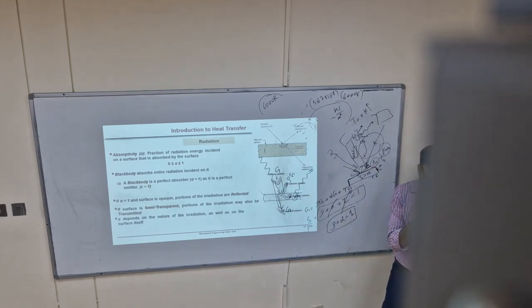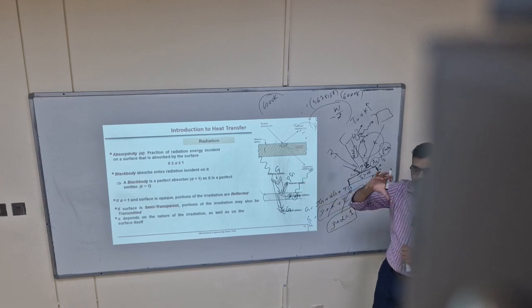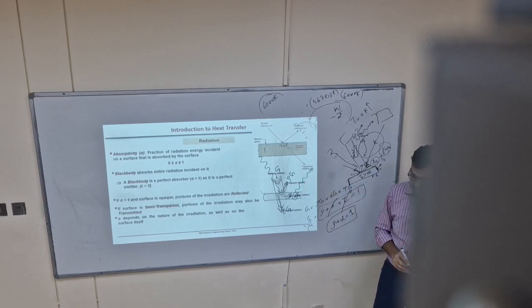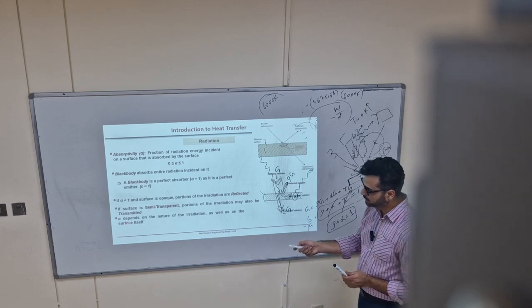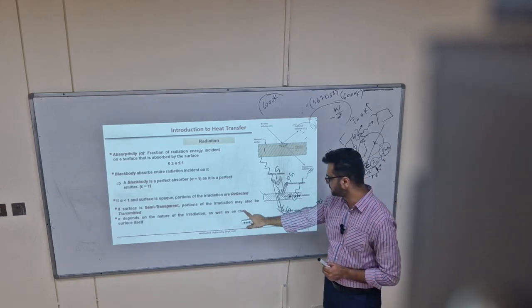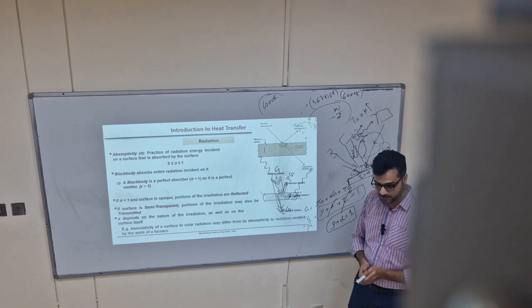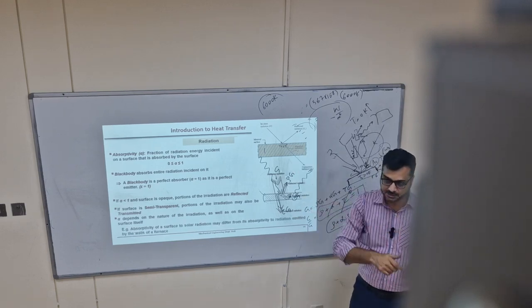Solar radiation is in a certain wavelength. So a body can have absorptance dependent upon the wavelength of radiation, right? So alpha depends upon the nature of the irradiation as well as on the surface itself. A surface can have different absorptance for different types of radiation falling on it.